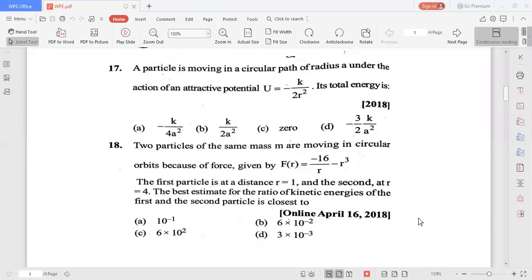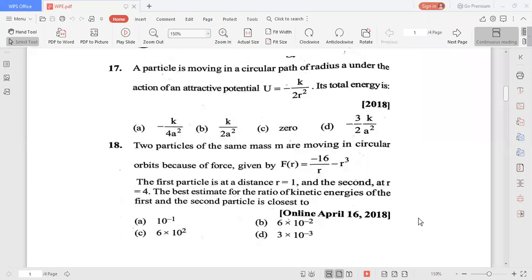Here, because of this force the particle travels along the circular path, which means this force provides the necessary centripetal force. As the particle travels along the circular path, the centripetal force F is equal to mv square by r. This is equal to this force, because this force only makes the particle travel along the circular path. That is equal to minus, taking minus common, 16 by r plus r cube.